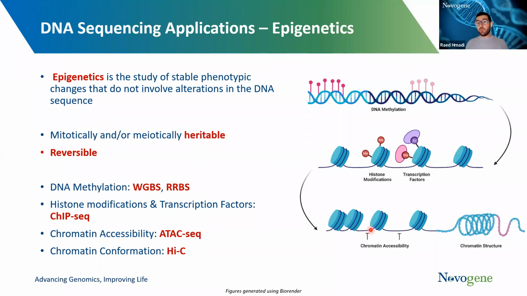In order to assess chromatin accessibility, different methods such as ATAC-seq have been developed. And finally, chromatin structure and the 3D organization of the chromatin within the nucleus can be investigated using chromatin conformation techniques such as HiC.